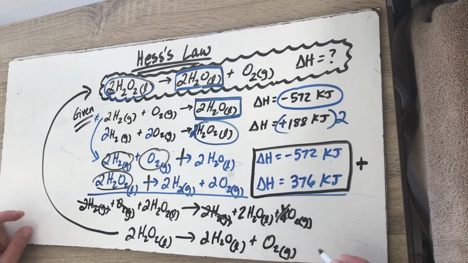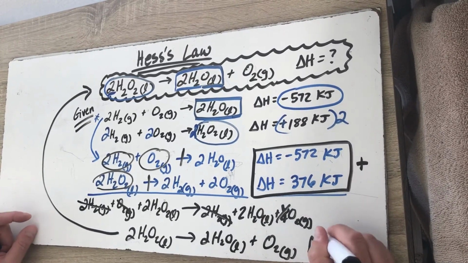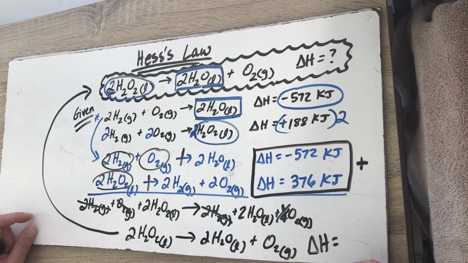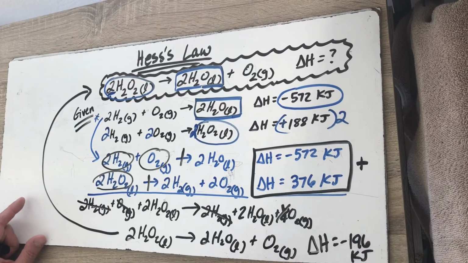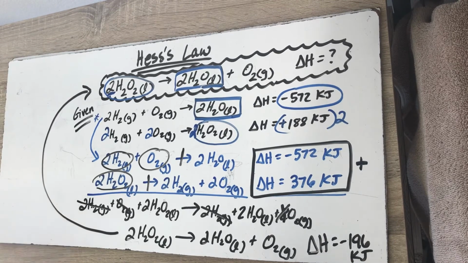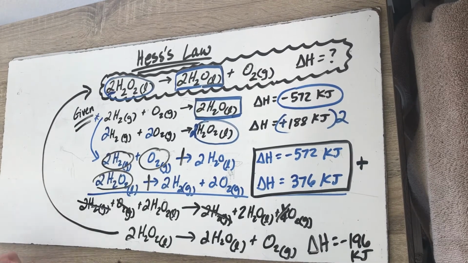I can add those together and I get delta H for this reaction is negative 196 kilojoules.